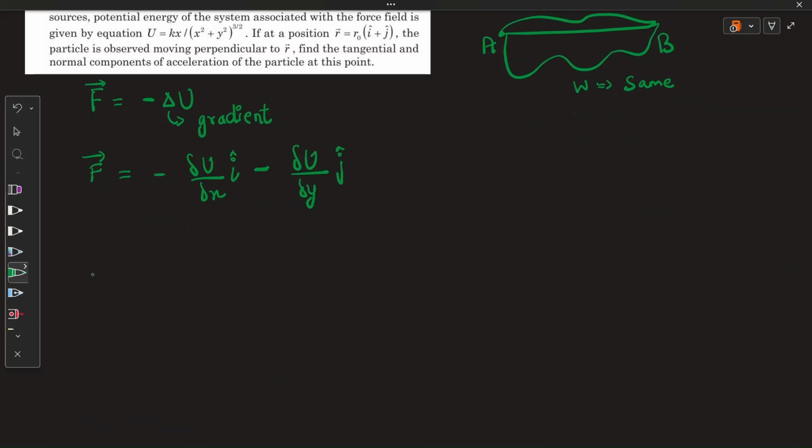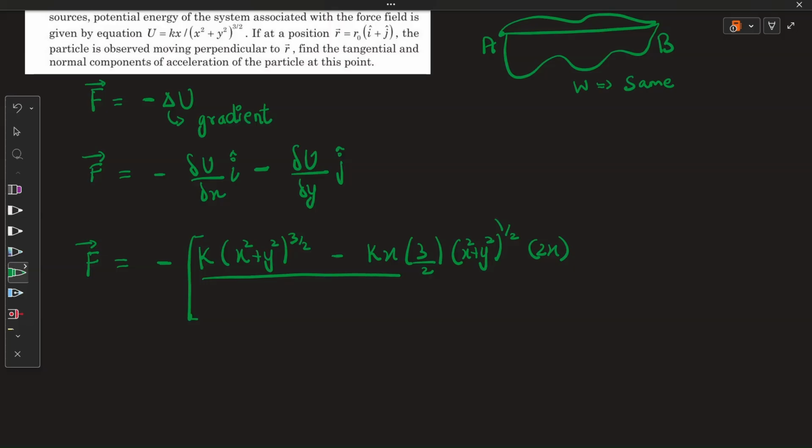So first, let's find the force vector over here. F vector is the negative of the derivative. This is the component in the i direction.